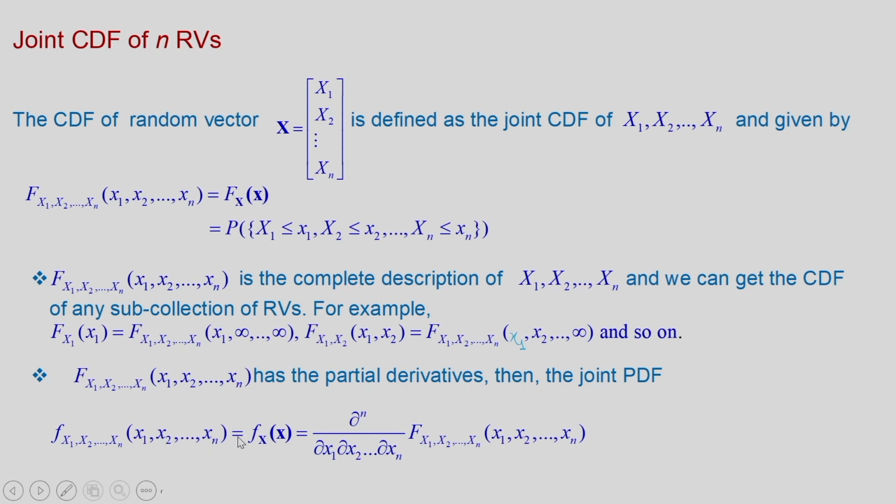This is the PDF of the random vector at point small x vector, and this is the nth order mixed partial derivative, del n over del x1, del x2 up to del xn, of the CDF. In this way, we can relate the PDF and the CDF of multiple random variables.